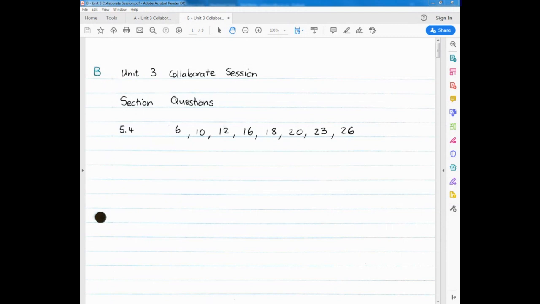So we do have four types of annuities. In this section, we're going to be looking at the present value and the future value of both an ordinary annuity and an annuity due. So that makes four of them. That's a present value of an ordinary annuity, a future value of an ordinary annuity, present value of an annuity due, and future value of an annuity due.